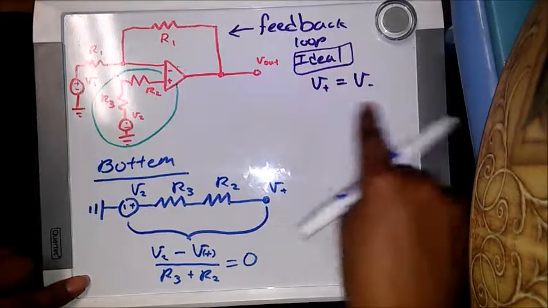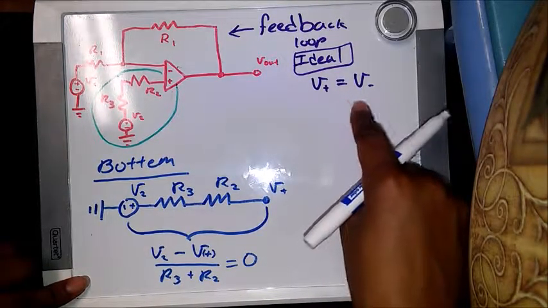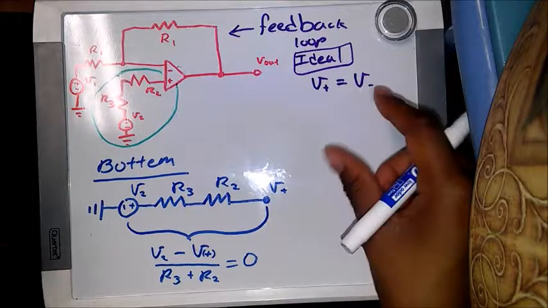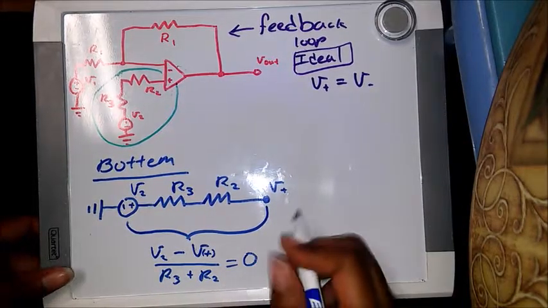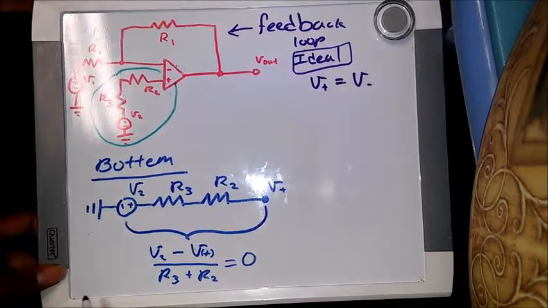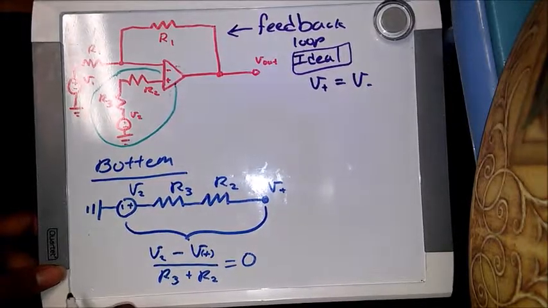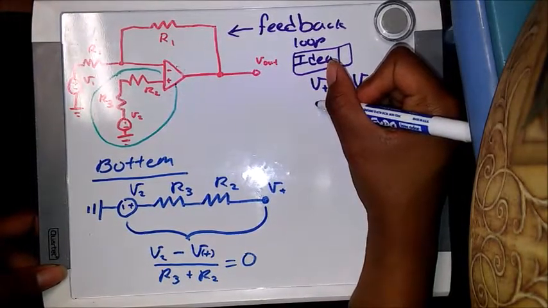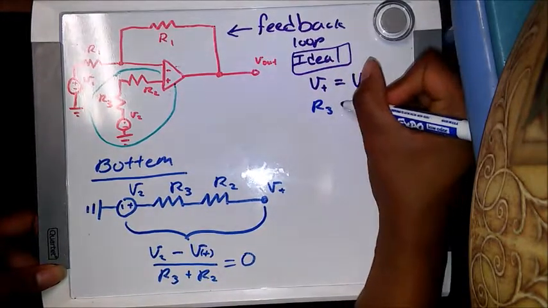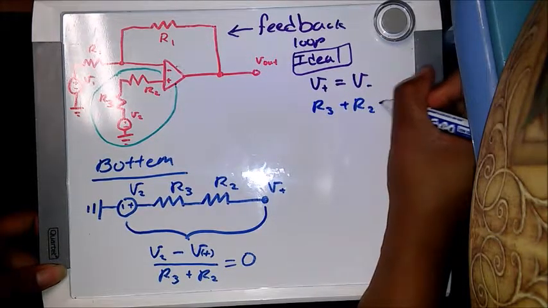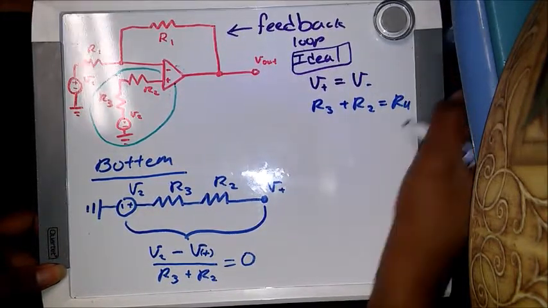We're trying to simplify everything and do it in terms of V plus and V minus. So we're going to break this up. For simplicity's sake, I'm going to say that R3 plus R2 equals R4.